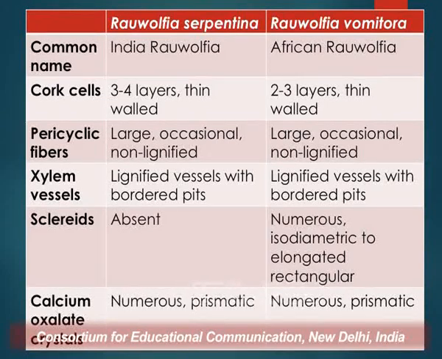And again, xylem vessels are the same in both the root drugs, that is, they are lignified and have bordered pits. Now, the difference occurs in case of sclereids. In case of Indian Rauwolfia, sclereids are completely absent, whereas in case of African Rauwolfia, sclereids are numerous. They are isodiametric to elongated rectangular in shape.